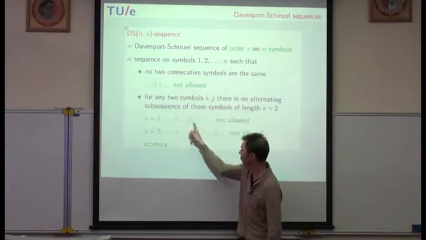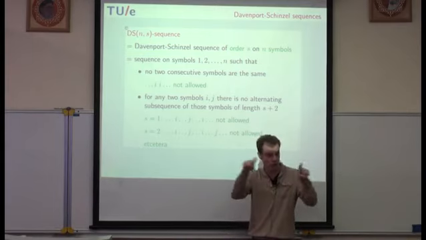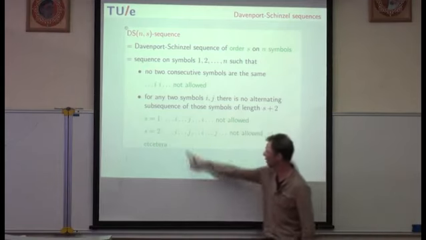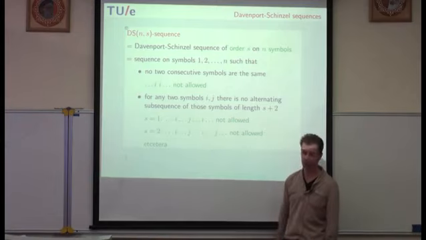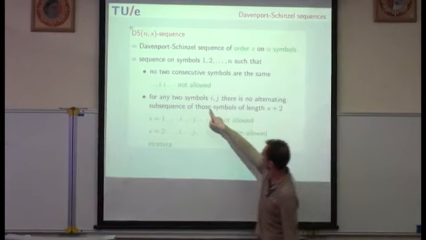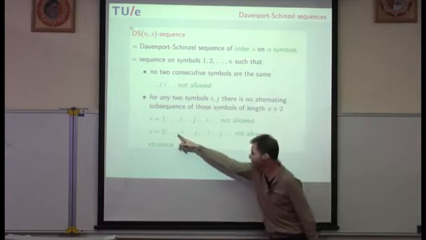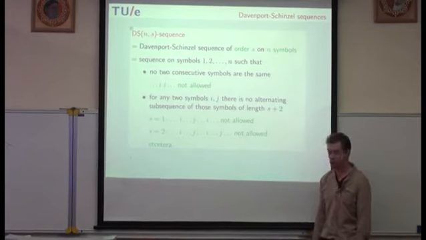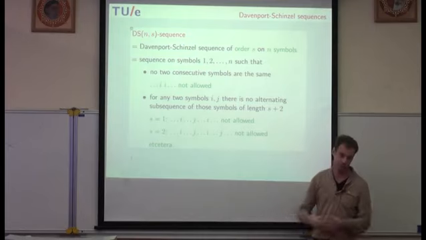And there can be other things in between, so this is not a consecutive subsequence. When S equals 2, it's not allowed to have I, J, I, J. In general, for arbitrary S, you're not allowed to have such an alternating sequence of length S plus 2. So for S equals 3, it's not allowed to have I, J, I, J, I, and so on.